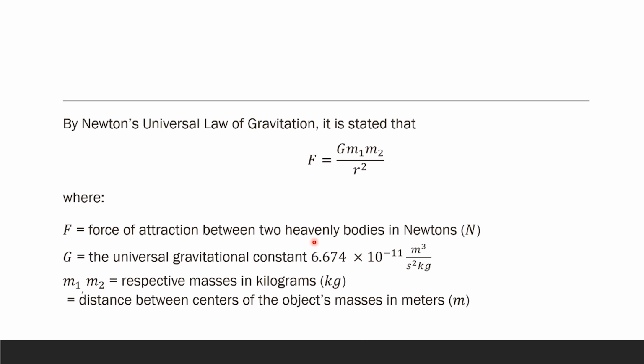G natin is the universal gravitational constant. Ito yung value niya. Then m sub 1 and m sub 2 are the respective masses in kilograms. And R naman is the distance between the centers of the objects' masses in meters. So that is the universal law of gravitation. So tandaan natin tong formula na to.